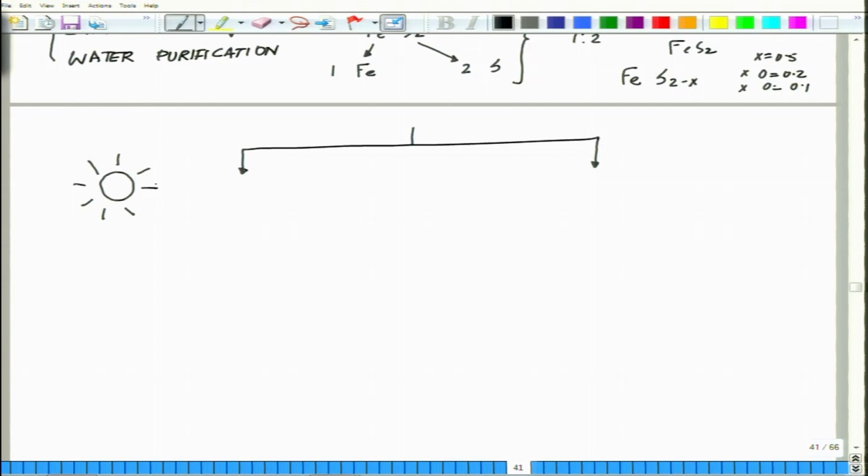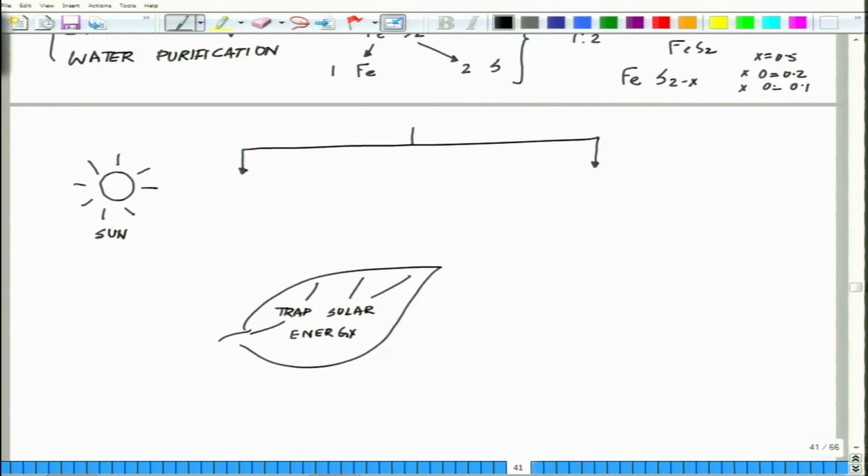The major source of energy is the sun, and living systems in the form of plants have trapped solar energy in the form of photosynthesis.